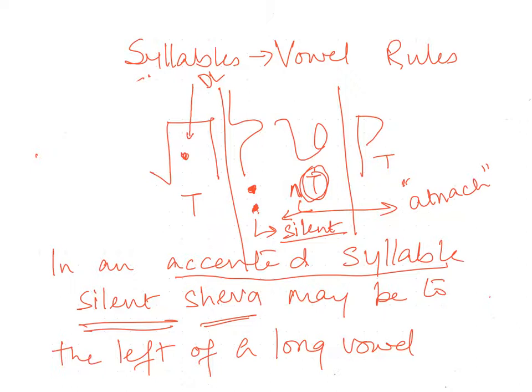In this case, my first instinct was, all right, the tagish lene is there, it's just going to be a silent sheva, and that is correct. But here is the rule that governs it: the silent sheva in an accented syllable may be to the left of a long vowel. Please remember this. Take a minute to observe that, please.